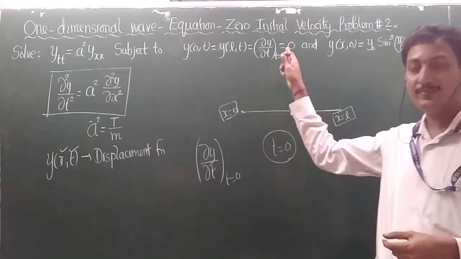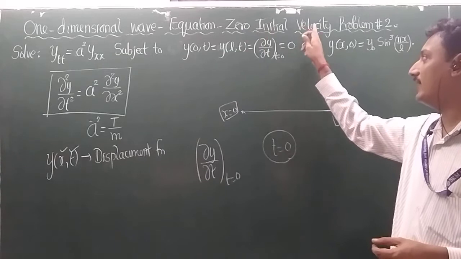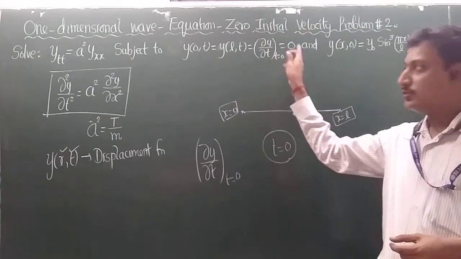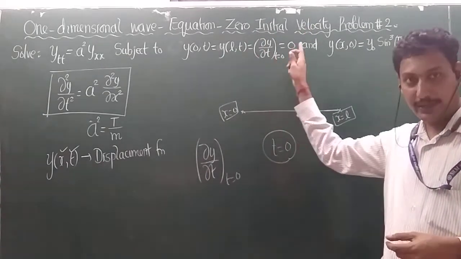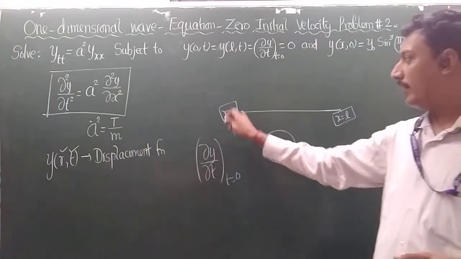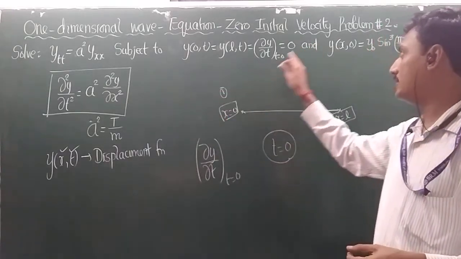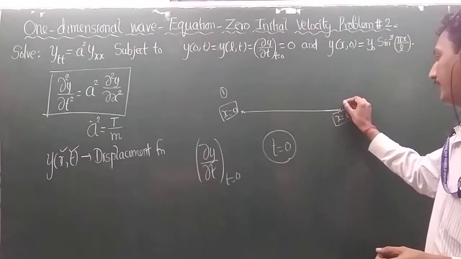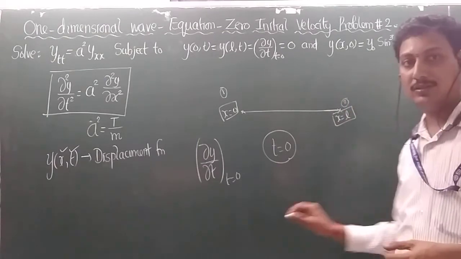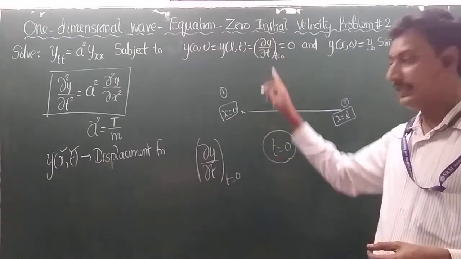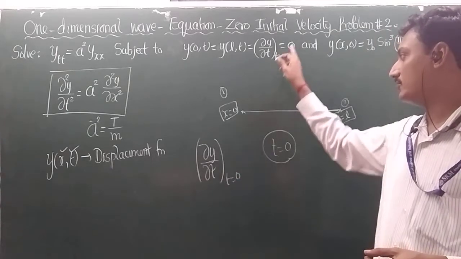That's why this comes under zero initial velocity. So the first 3 boundary conditions are: one, x equal to 0, displacement is 0. Second, x equal to L, displacement 0. Third, velocity at time t equal to 0 is 0.